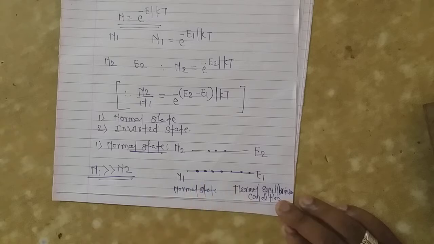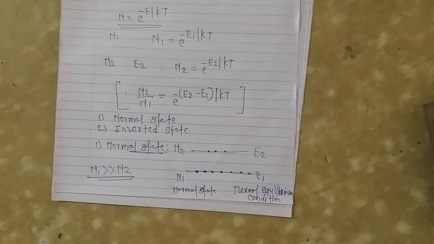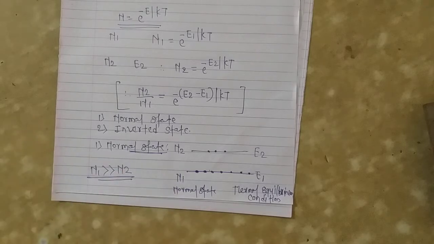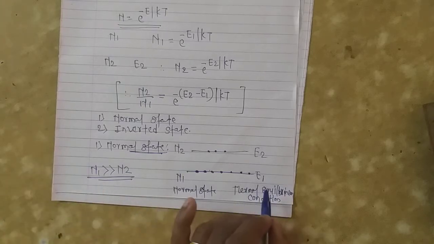This condition, more atoms in the lower level as compared to the excited level, is known as the normal state in the thermal equilibrium condition.